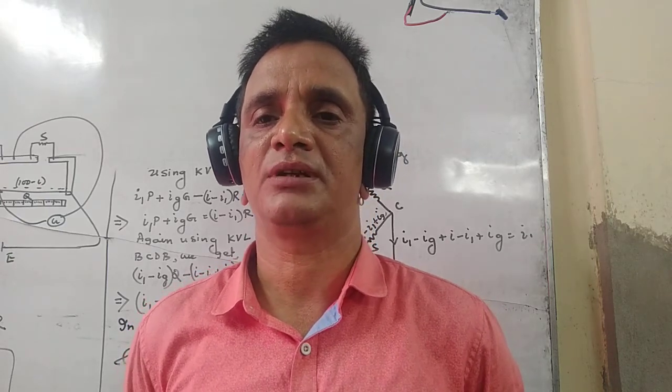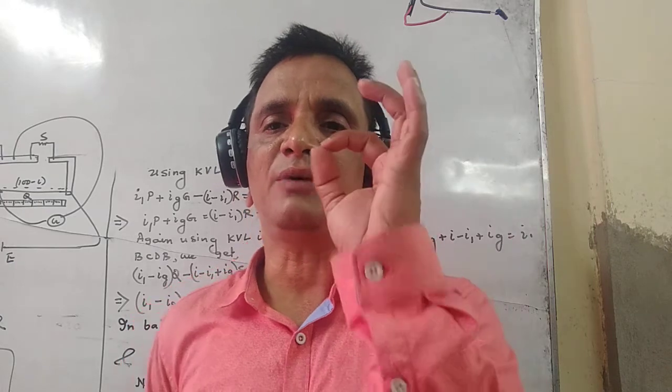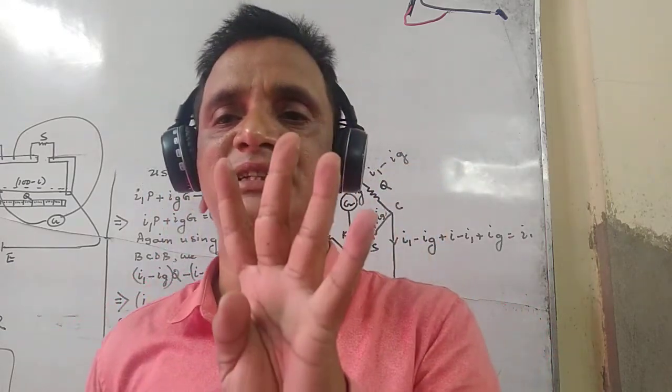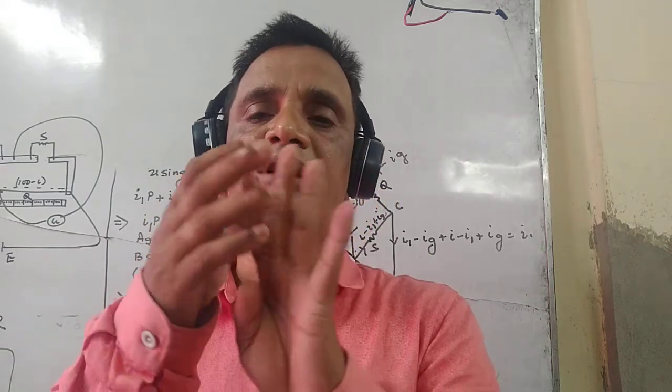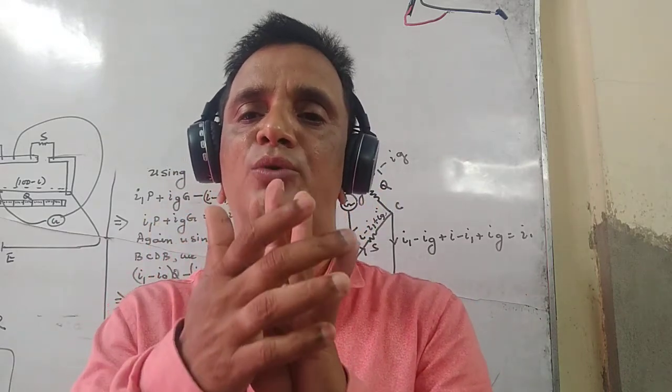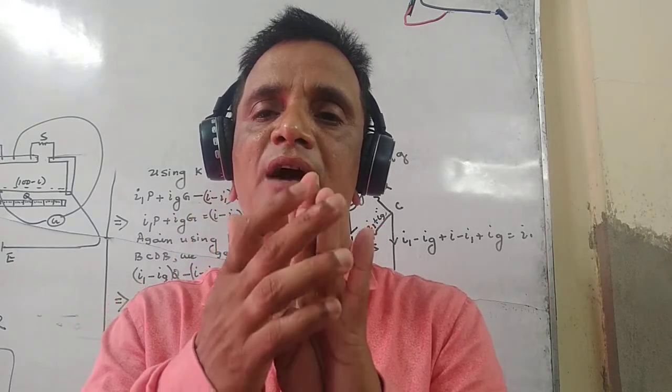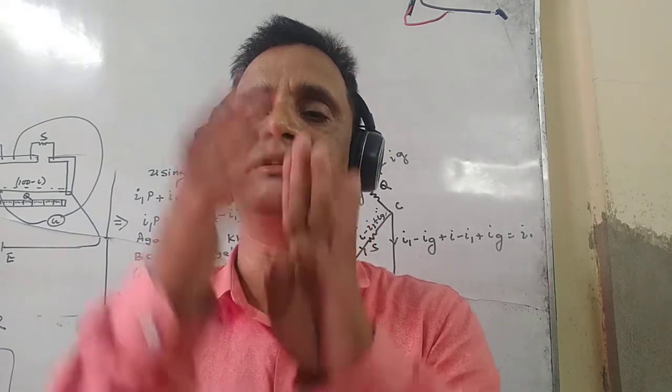Is it clear? It is an arrangement of four resistances out of which three are known and one is unknown. By knowing the value of three, we can calculate the value of the unknown resistance.